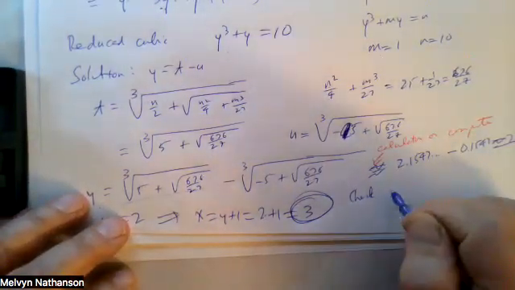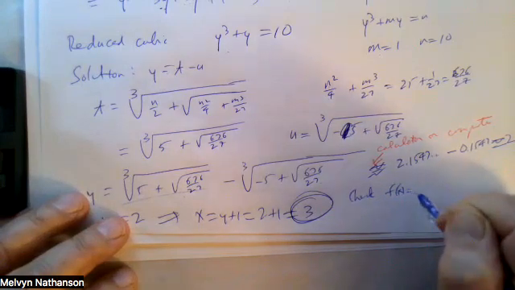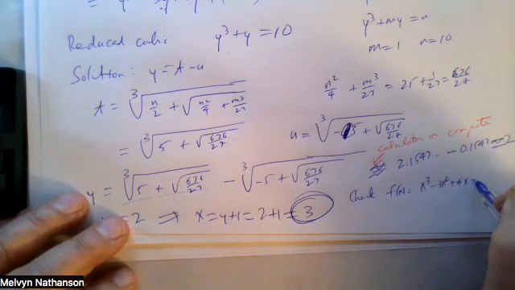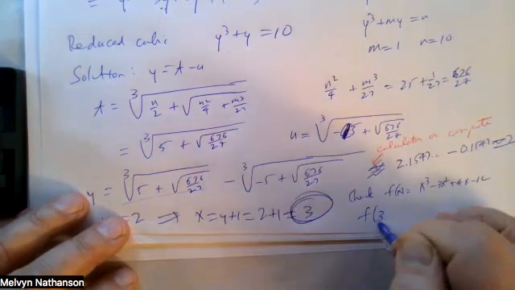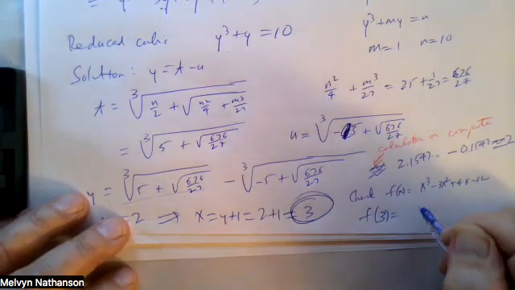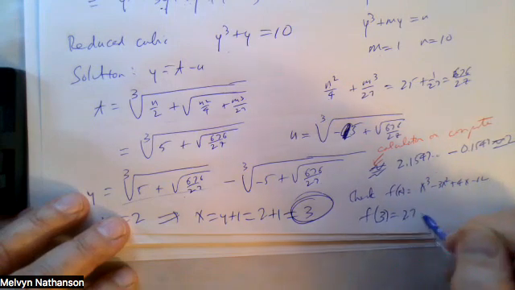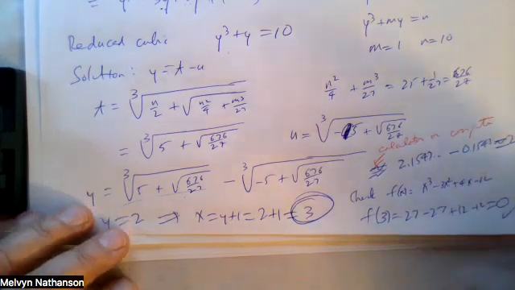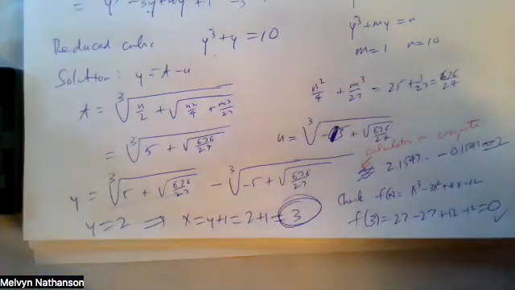So let's check. Remember, f of x is x cubed minus 3x squared plus 4x minus 12. So f of 3 is 3 cubed, 27, minus 3 times 9, plus 4 times 3 minus 12, and that's 0. So this is correct.